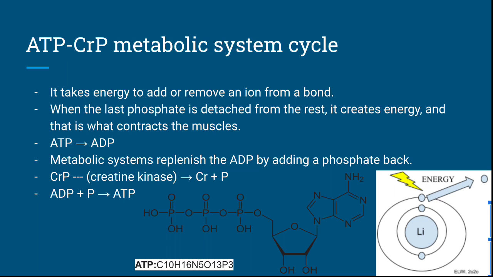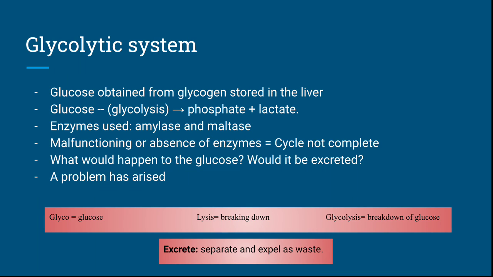Now let's compare and contrast this with another anaerobic system that uses glucose obtained from glycogen stored in the liver, or from foods full of carbohydrates and starch. Glucose is then broken down further through glycolysis to phosphate and lactate. Now imagine if the two main enzymes that break down carbohydrates and starches, amylase and maltase, were not available to break them down to glucose.